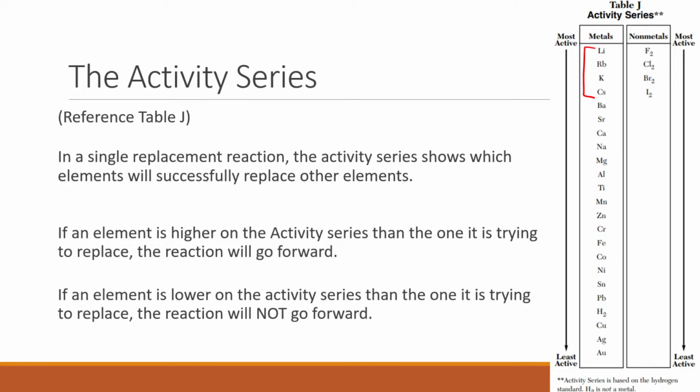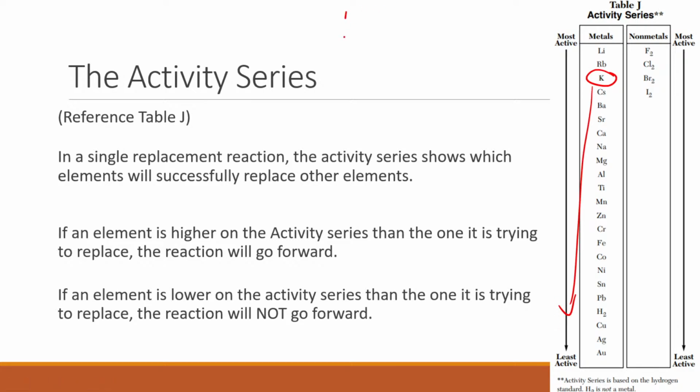The worse it is at being replaced. This acts as a totem pole, a list of strength, with lithium at the top. Lithium is the strongest, gold at the bottom. Gold is the weakest. An element can replace any elements that are below it.